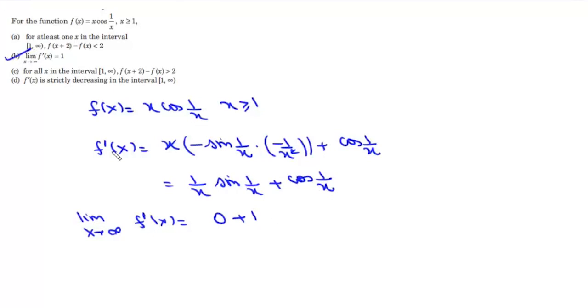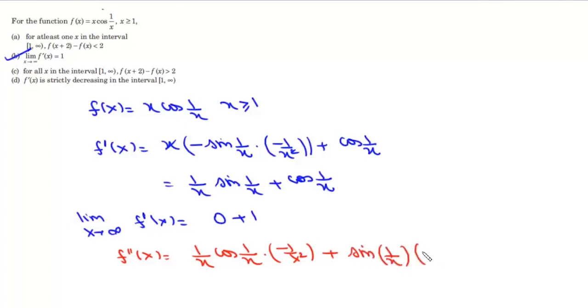Now we'll differentiate this one more time. We'll get f double dash x as (1/x) cos(1/x) into minus 1 upon x square, plus sine(1/x) into minus 1 upon x square, and plus this is minus sine(1/x) and then minus 1 upon x square.